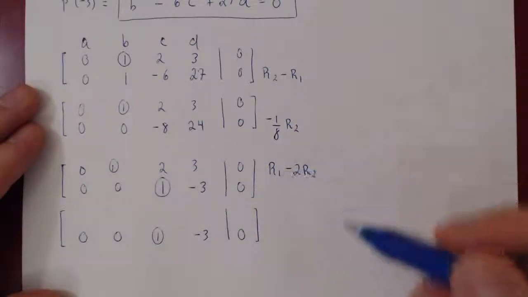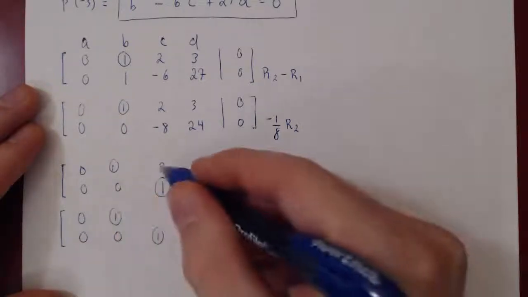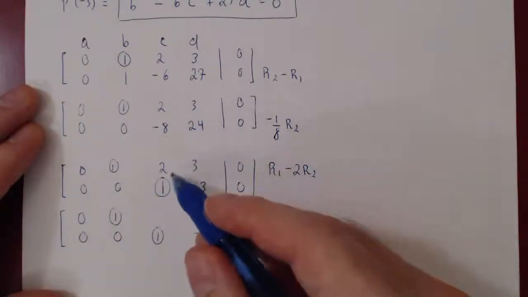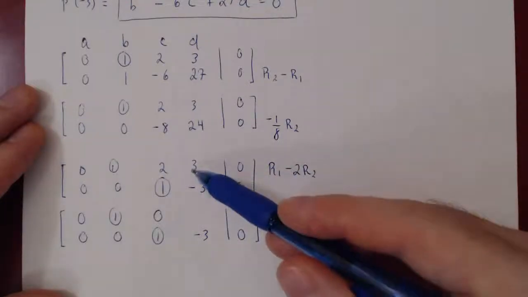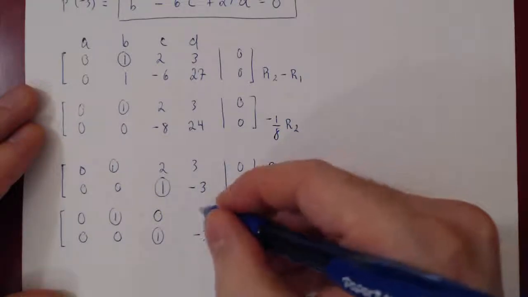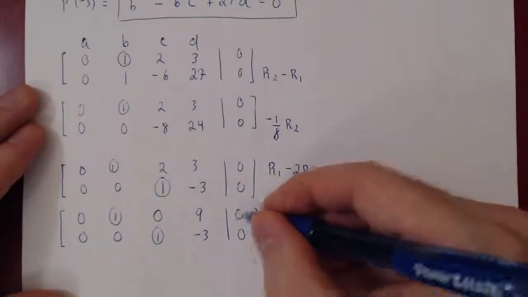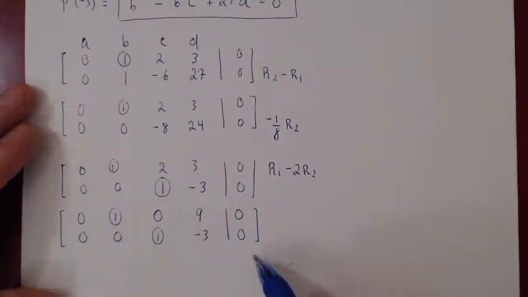Let's complete the operation. So row 1 minus 2 row 2, these will stay the same. 2 minus 2 times 1 is 2 minus 2 is 0. 3 minus 2 times negative 3 is 3 plus 6, which is 9. And this is also 0. And now we have the reduced row echelon form of our matrix.